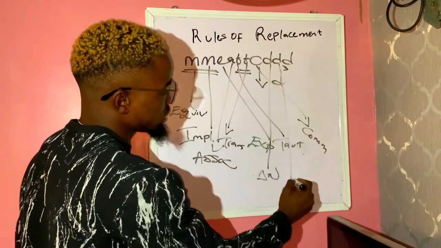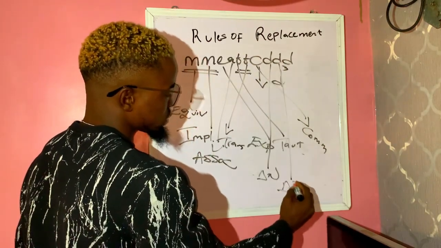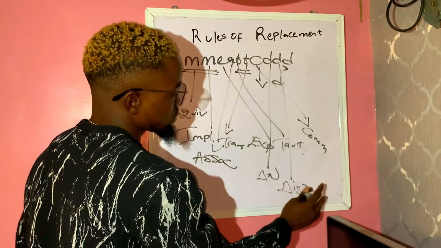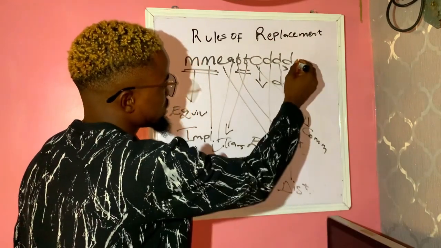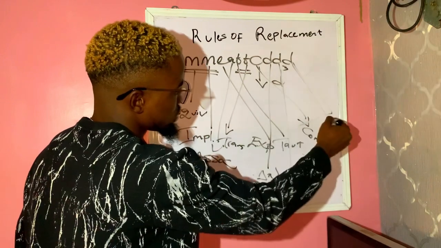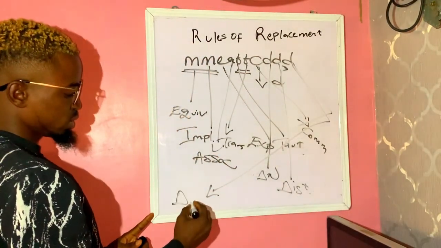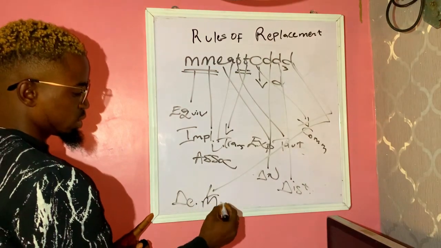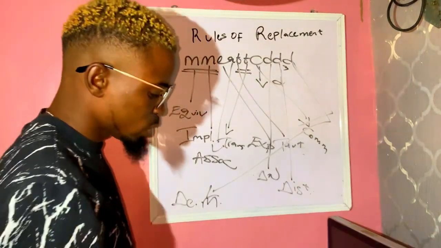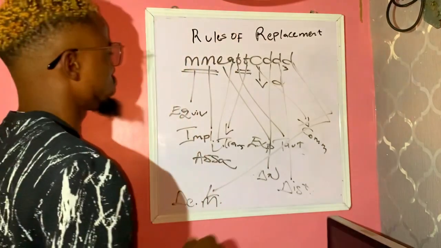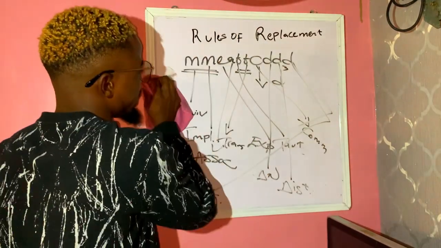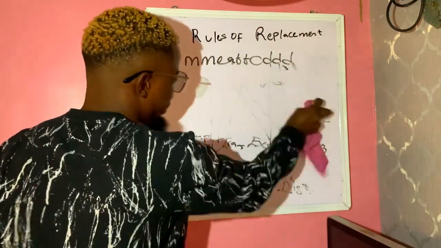The next D is distribution, we call it dist. Then the last D is the De Morgan theorem, which we call DEM. I'm going to be writing out the rules one after the other, then I'll bring out an example on how to apply them.